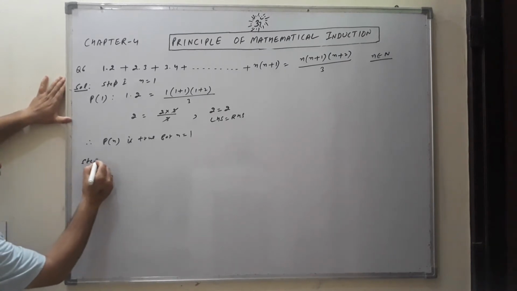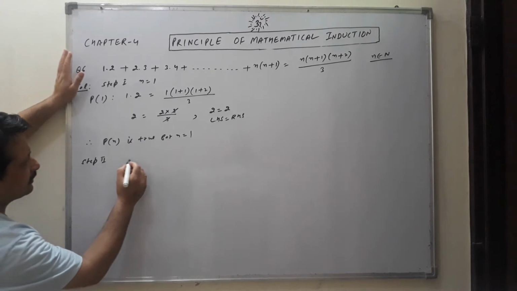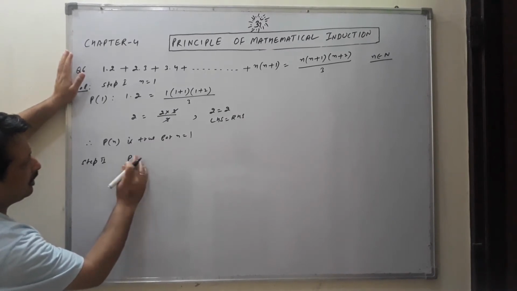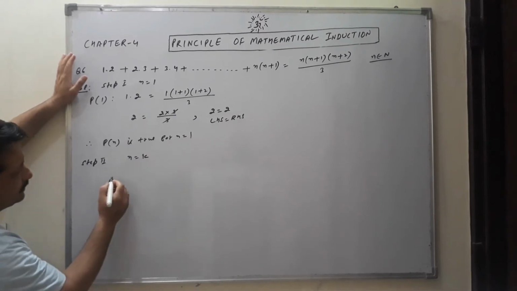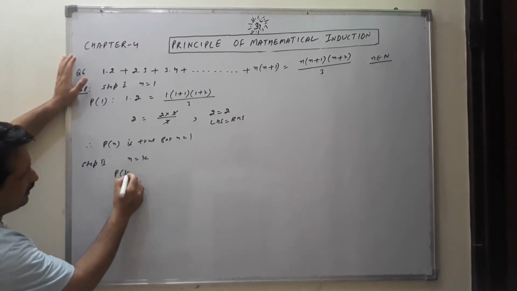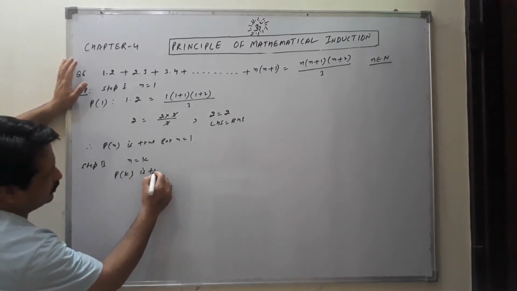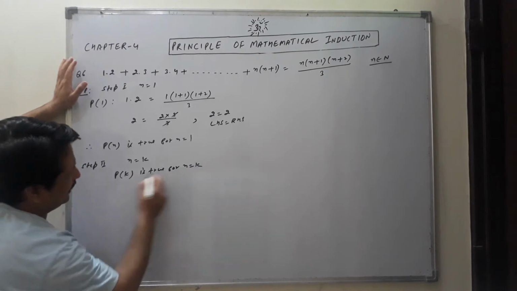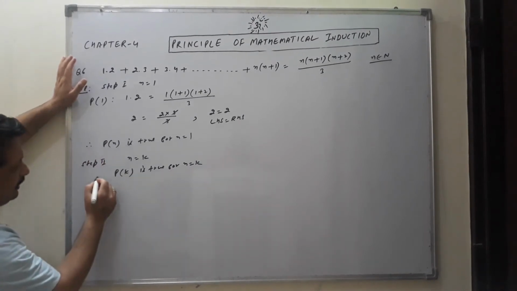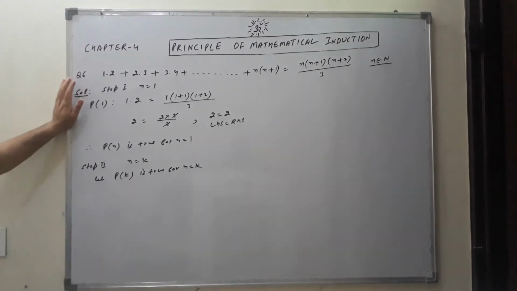Come with step number 2. We have to prove that. Now, what we are doing here, we are taking n as equal to k. So let P of k be true for n is equal to k.